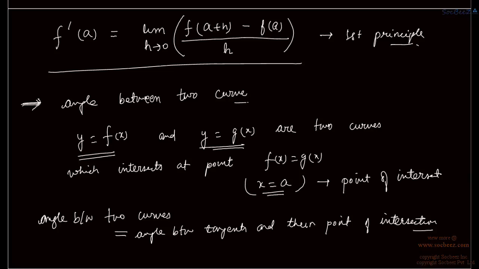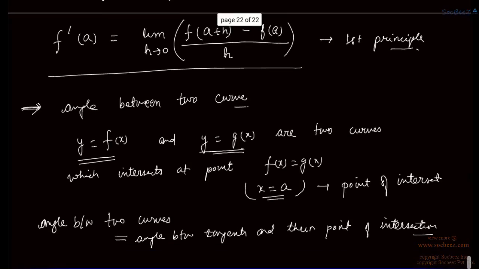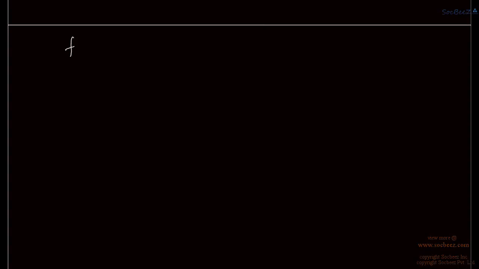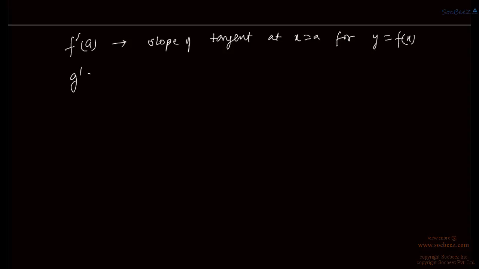So we have f dash a as the slope of the tangent at x is equal to a for the curve y is equal to f(x), and similarly g dash a as the slope of the tangent for y is equal to g(x).